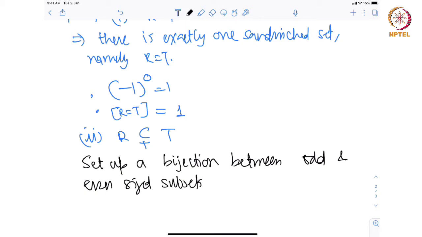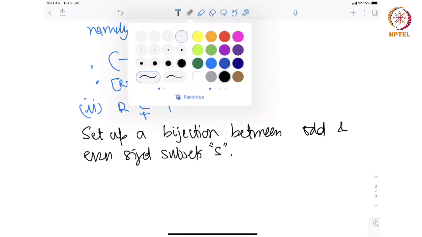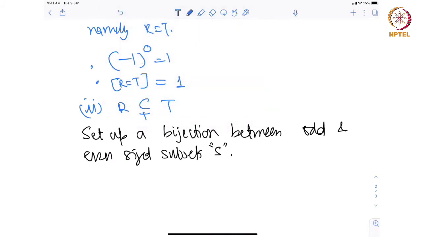And how do we set up such a bijection? That is very easy. You know that R is a proper subset of T. So let t be an element of T minus R.